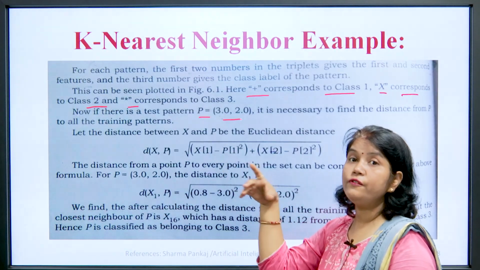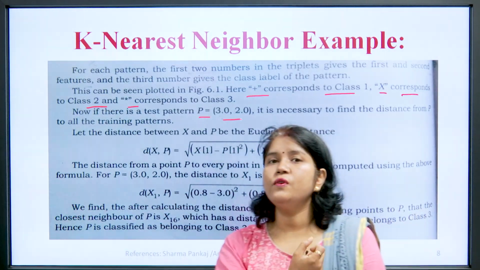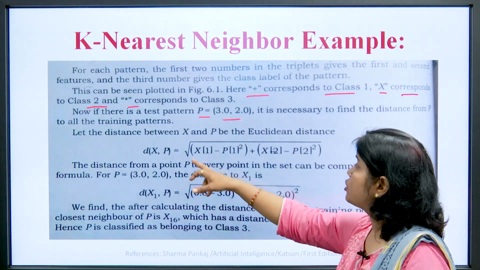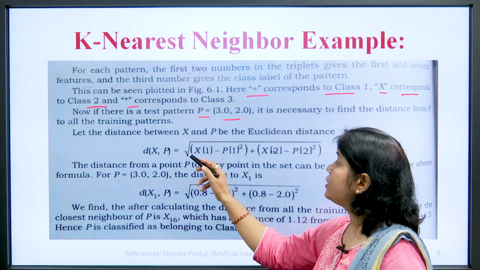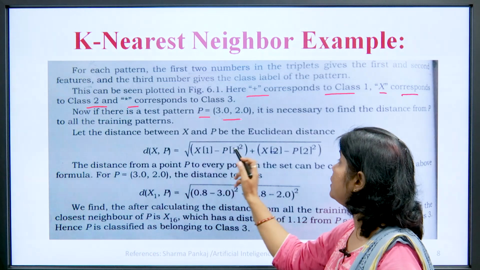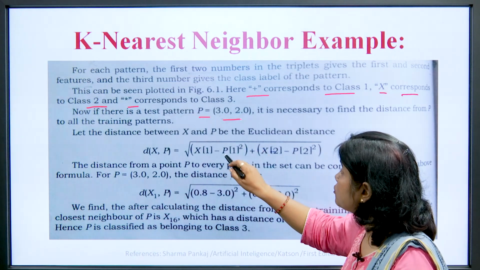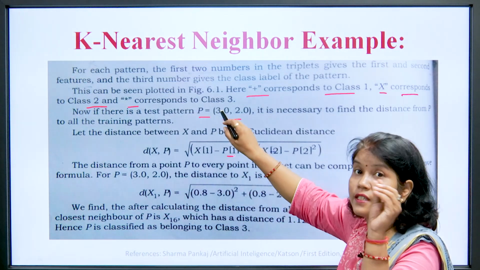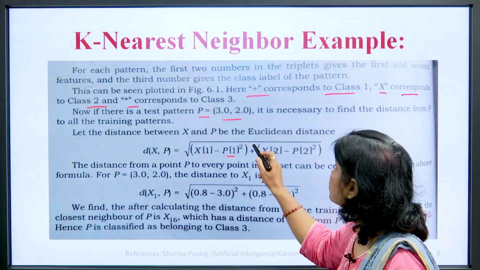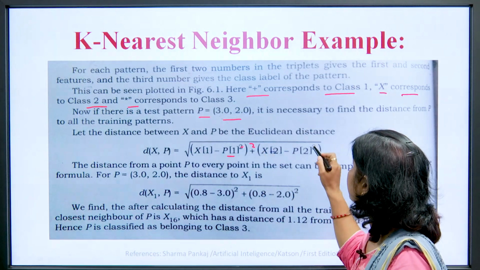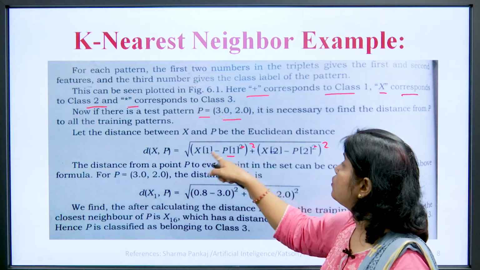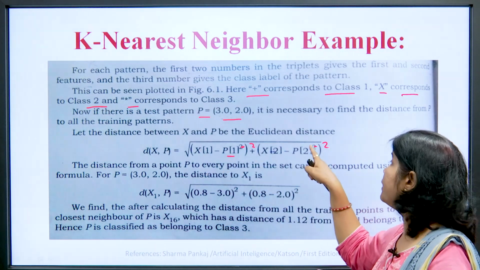So, how will the Euclidean distance be explained? Euclidean distance means you will take the distance from x1 minus p, where p is whatever the data set introduces. This is the whole square, the square root of (x1 minus p1) squared plus (x2 minus p2) squared.